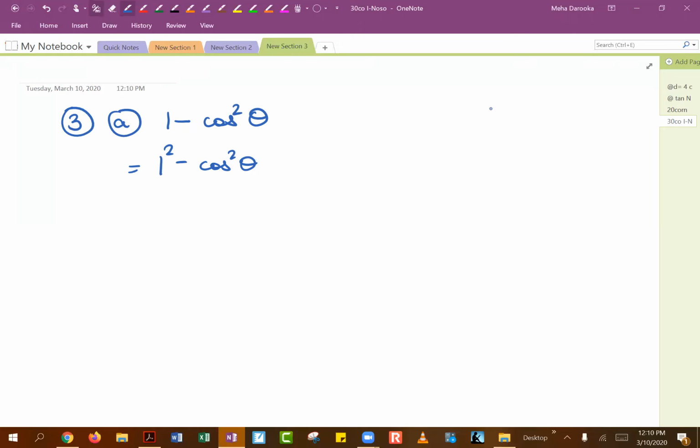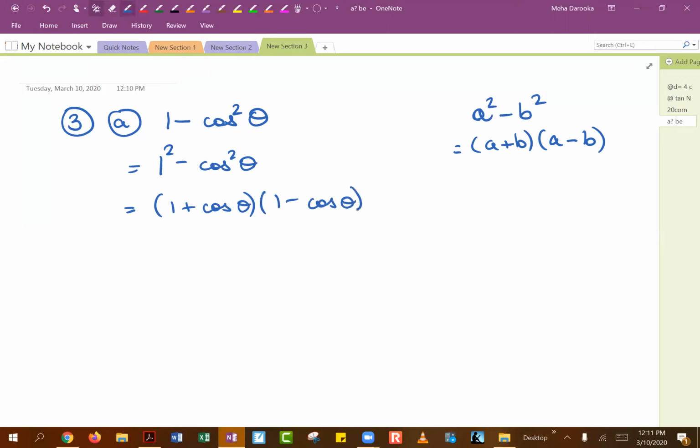And you're still using that difference of squares, where it factors into a plus b, a minus b. So if 1 is my a, cosine theta is my b, that's going to be 1 plus cosine theta and 1 minus cosine theta. So again, remember this is called difference of squares.